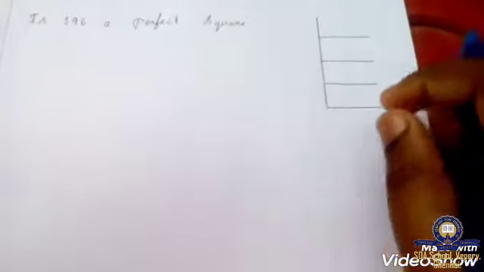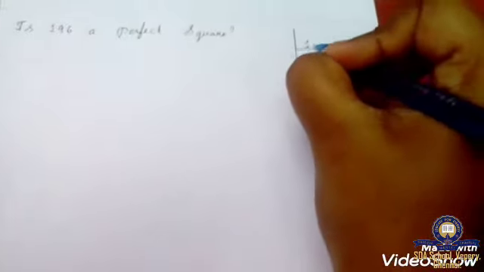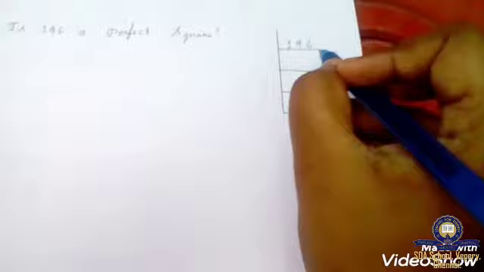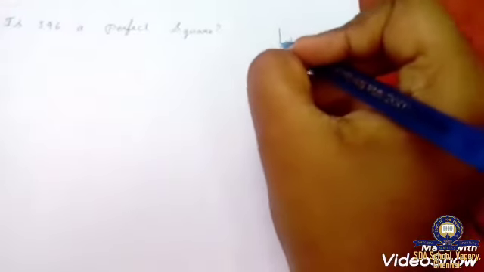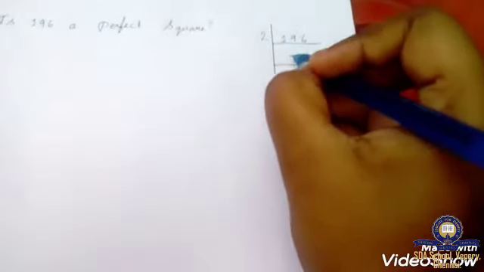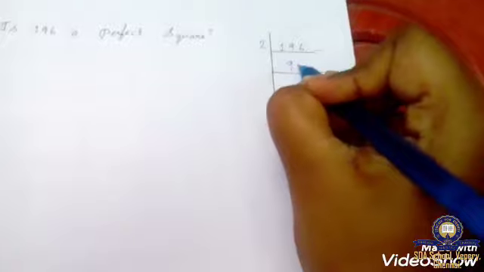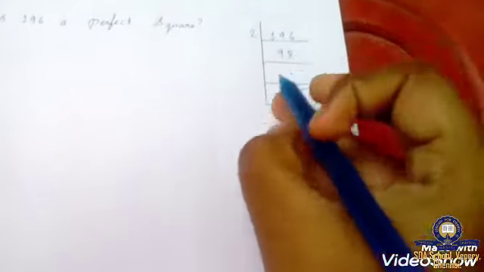Now let's see an example: is 196 a perfect square or not? So we take 196. Since we know that 196 is an even number, it is divisible by 2. So let's take 2. 2 9s are 18, balance 4. 2 8s are 16.